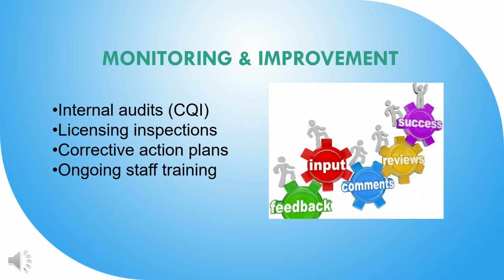So let's go over that little bit of art to the right. We get feedback from our CQI. We get feedback from licensing. We take that feedback and put it into some input and then some comments, so we get to talk back and forth and have that dialogue of how we're going to change things and how we're going to improve things.